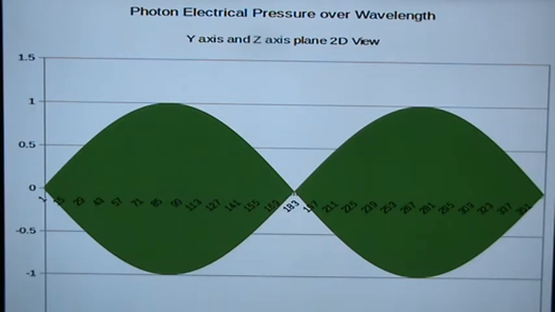As you see from the zero line from left to right, that's in number of degrees, and at about 90 degrees we've gone up to a maximum of 1, and also the opposite to that is the maximum of minimum 1.